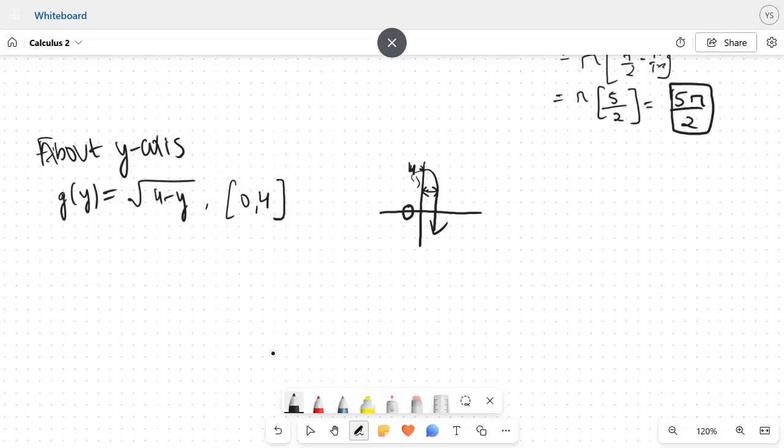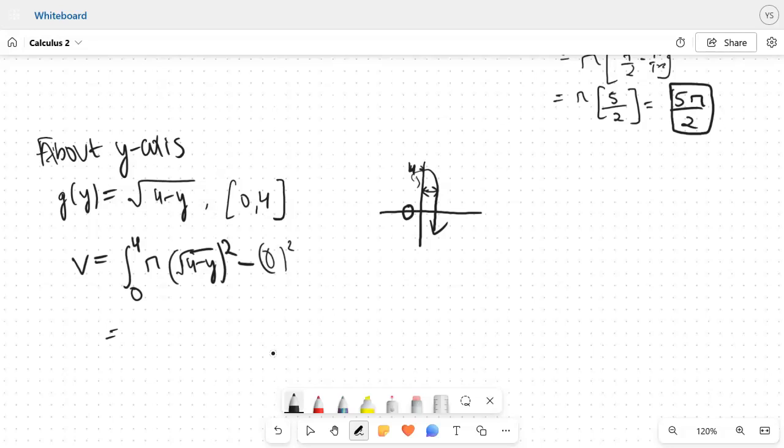Now let's try solving the volume. Remember, it's really similar for the y-axis. So we put in the endpoints 0 to 4, pi times the outer function, which in this case is going to be the square root of 4 minus y, squared, minus the inner function, which is y equals 0, so it's just going to be 0 squared, which is 0.